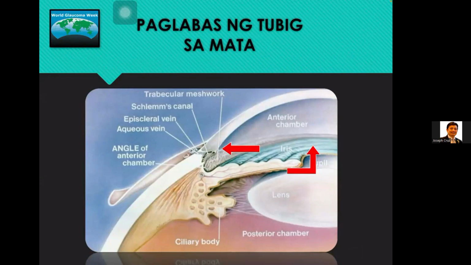So yung loob po ng ating mata, meron po tayong tubig diyan na ginagawa po ng ating mata bawat segundo. Ang dahilan po nitong tubig ng loob ng mata natin na ito po ay kakaiba po sa luha natin.